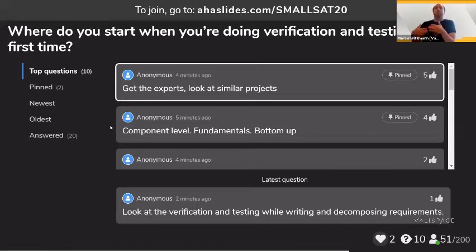But maybe on a more meta level, and that is also related to getting the experts and looking at similar projects, I would say make sure that you have a clear approach, right? When you work on big projects with agencies, they will force you to write a verification plan.